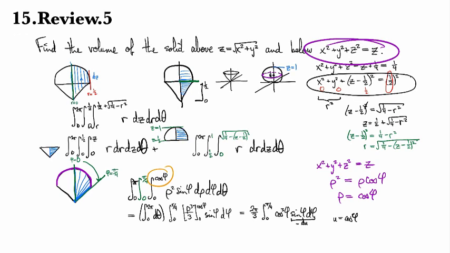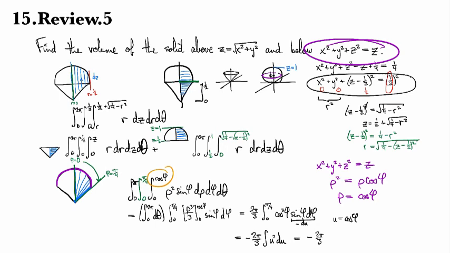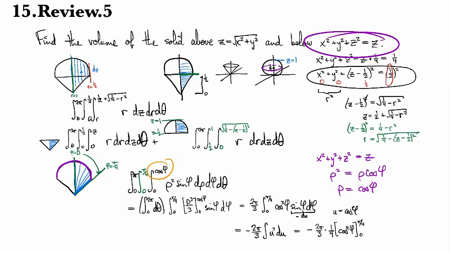So let's see. Doing that integral, I get minus 2 pi over 3 integral u cubed du. And so that's going to be minus 2 pi over 3 times 1/4 cosine to the 4th evaluated from 0 to pi over 4. So that's minus pi over 6 now.